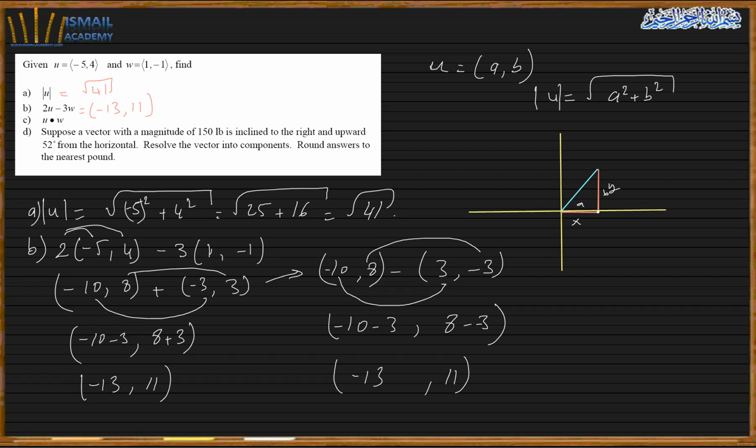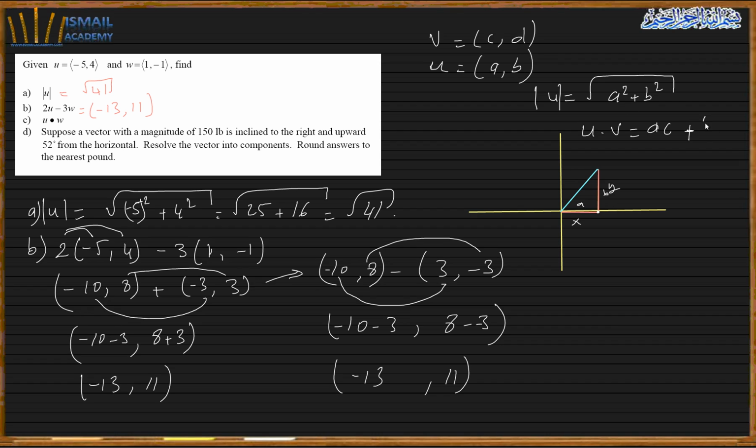And here we have the dot product. The dot product just means you multiply the first coordinate with the first coordinate plus the second coordinate with the second coordinate. If I have u as a, b and v is c, d, and they ask me to do the dot product u dot v, we do the first times the first, a times c, plus b times d.